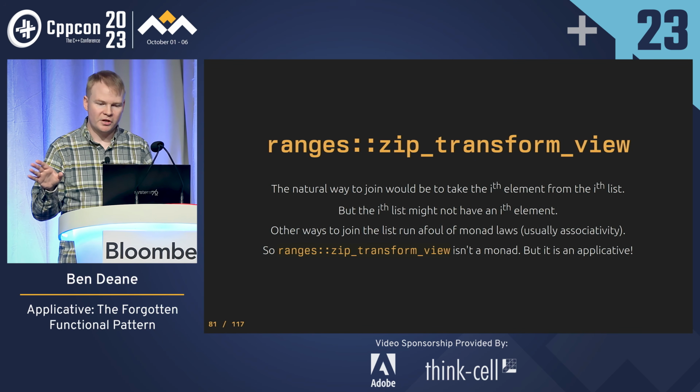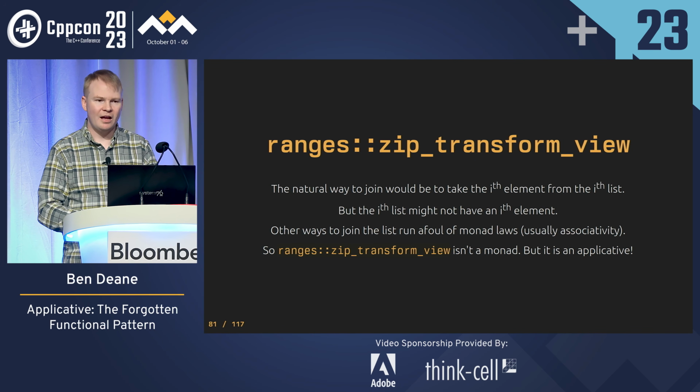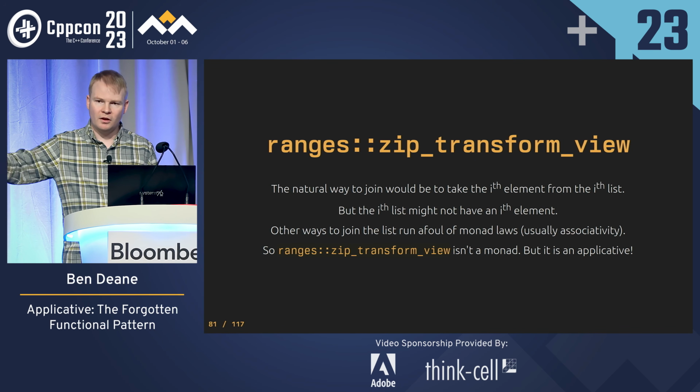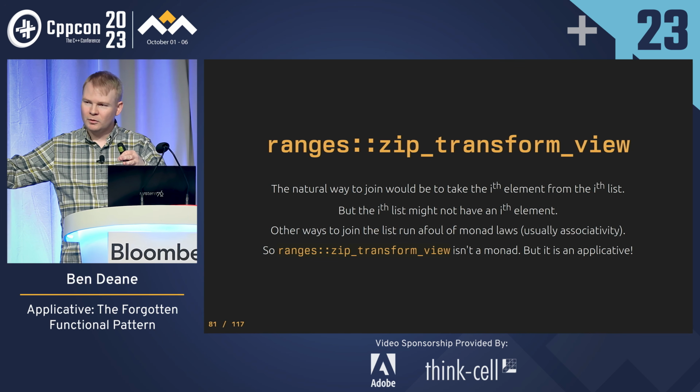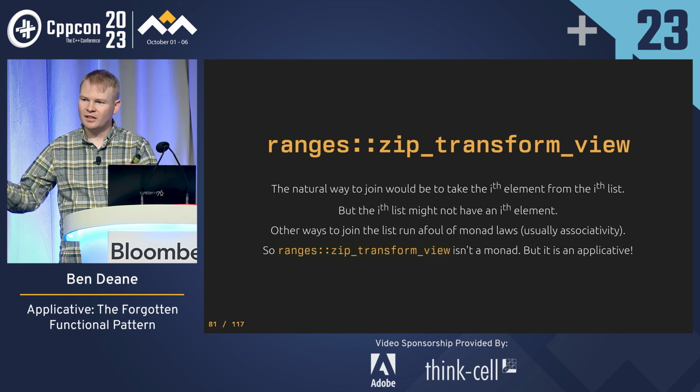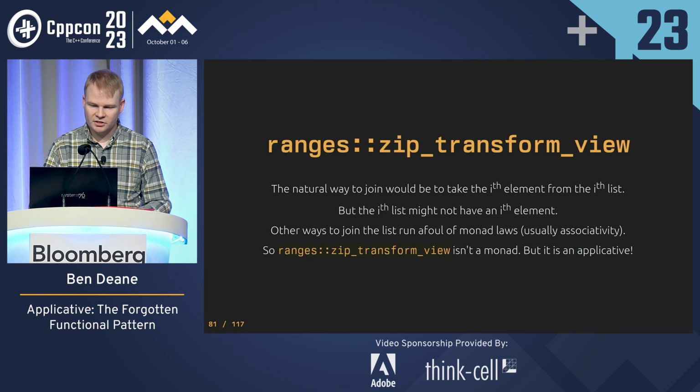In some way, these operations need to be associative. If we have a range of functions and a range of arguments, then we have a range of ranges. We can't just join those together because we run afoul of associativity here.